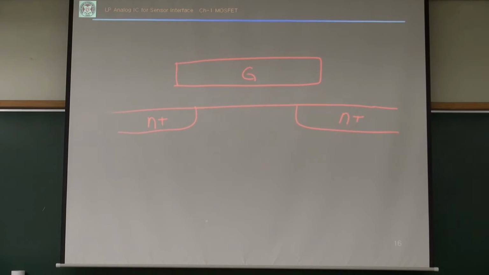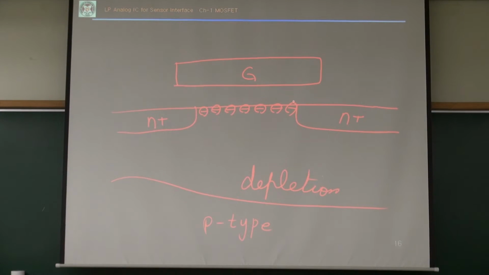Yeah, this is a P-type substrate, and then this is a depletion region. Yeah, when surface is inverted, I have free electrons on the surface, right? Then I have some gate charge. Say there is some gate charge, plus, on the bottom of a gate electrode. So there is some electric field.